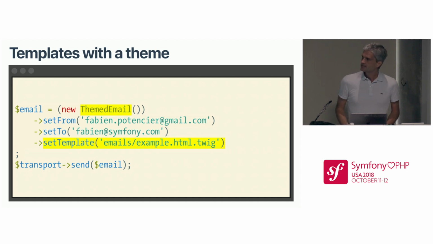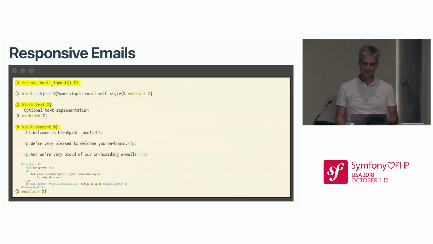Okay, so let's see how that works. So now we are using a themed email, which extends the templated email. We are still using a template, but the template is a bit different now. The layout is where the magic happens.